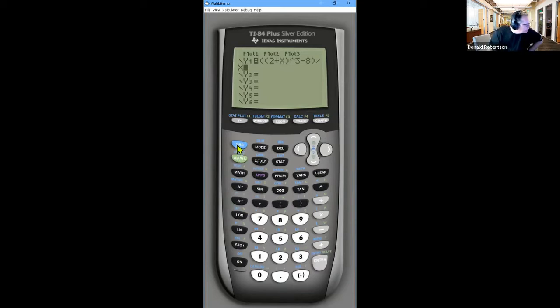Then you go blue button, table setup, go down here and just change that to ask. That's all you need to do. And lastly, you go second, not table setup, but second table. And I will put in 0.5.